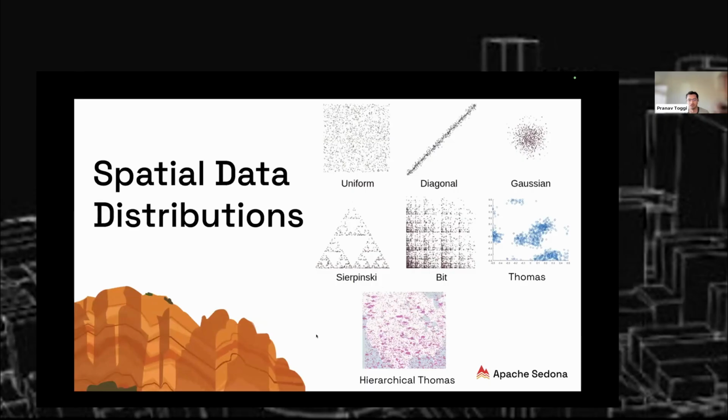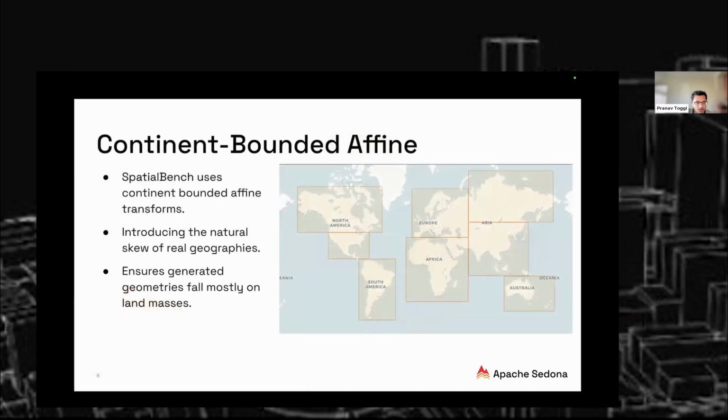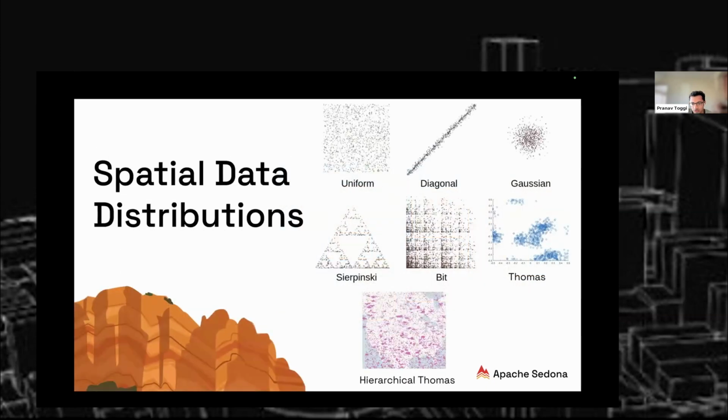Okay, so let's get into the spatial distributions that Spatial Bench offers. It offers 7 today, and of course this can be extended to more. If you're interested, please reach out. We can work on that. Those are the uniform, diagonal, Gaussian, Sierpinski, and bit distributions, and Thomas, and an extension of Thomas, which is the hierarchical Thomas.